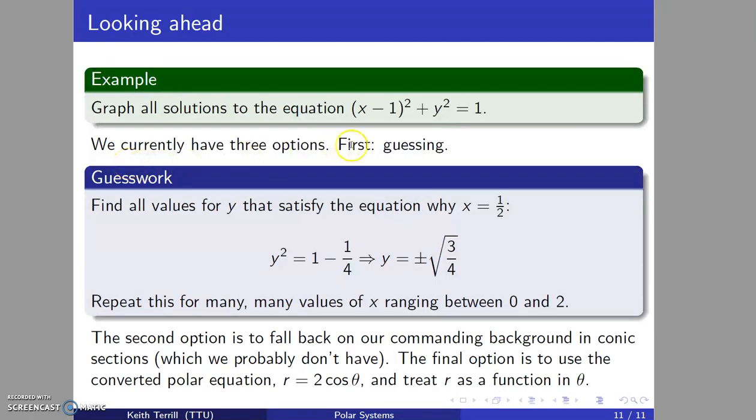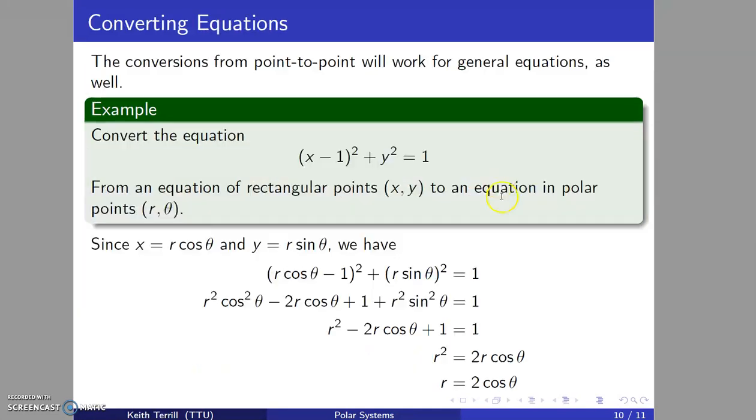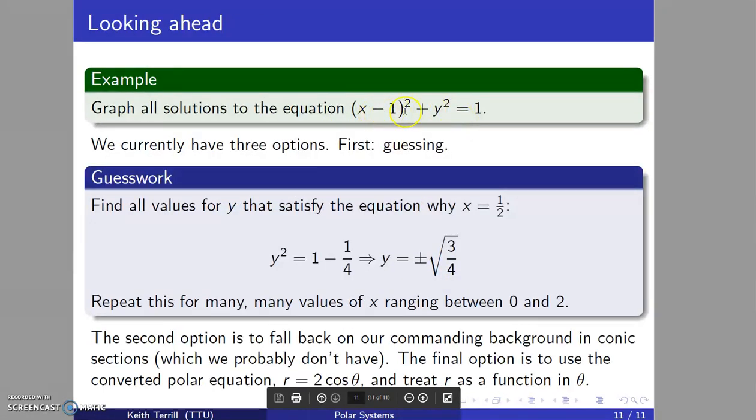Now, what if you wanted to actually graph this thing? Well, you could just do a whole bunch of guessing without converting anyway, although you could convert and just put in a whole bunch of values for theta. You could also just fall back here, put a whole bunch of values in for x, and see what y would have to be to satisfy the equation, right? This is something you probably did in pre-calculus algebra from the very outset. x has to be something, so what's y got to be?